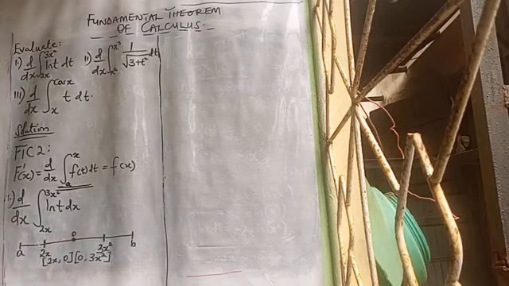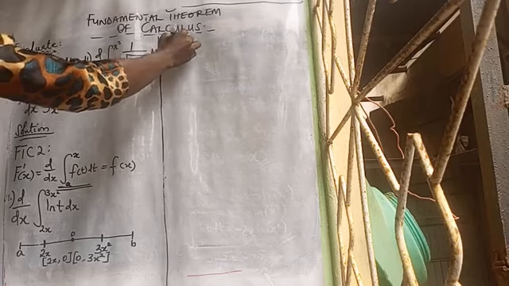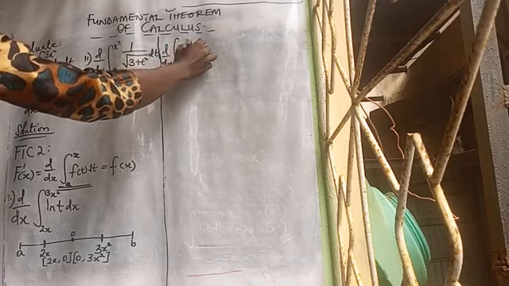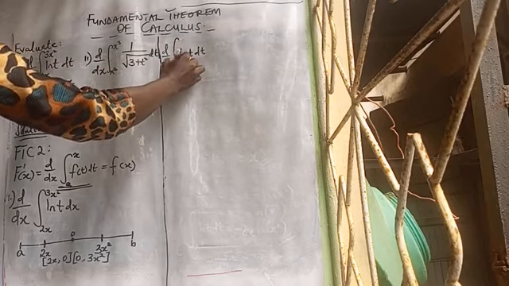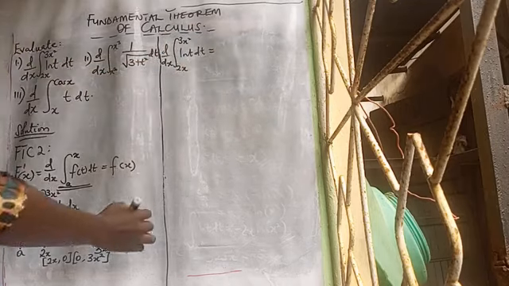And what does that tell me? My d dx of the integral of ln t dt from 2x to 3x squared will be equal to what?